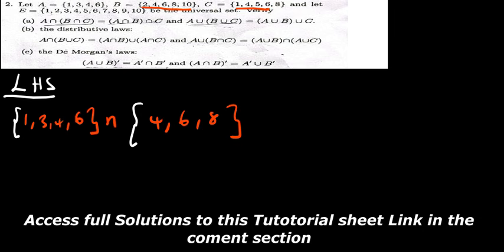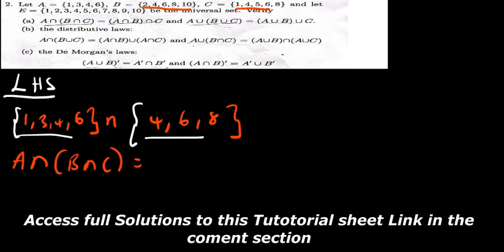So we can clearly see that A intersection open brackets B intersection C is the numbers that are found in this guy. This is A and this is B intersection C. It is only 4 and 6. So it is 4, 6. So we are verifying what we have here. We should find the same thing when we come to the right hand side.